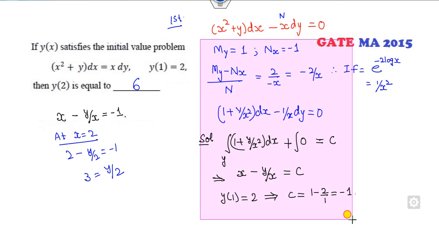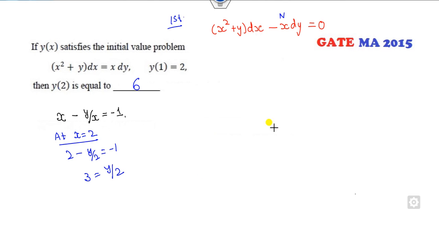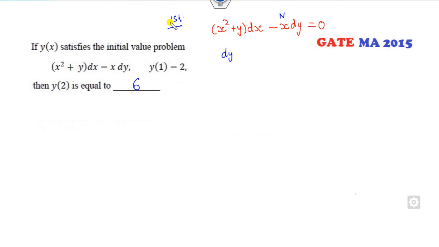What is the second method? Because I already prefer, whenever you have to find the equation of M dx and N dy, always prefer this method. Anyhow, second method is you can find the dy over dx from this equation. So it will be x plus y over x. Fine. So you can see it is linear in y. Fine.